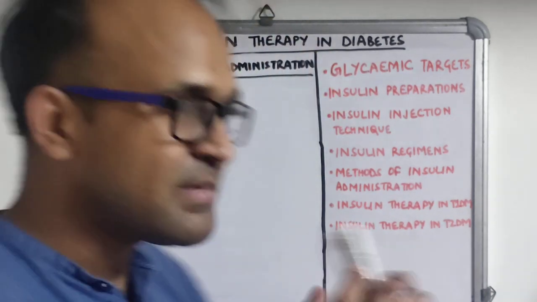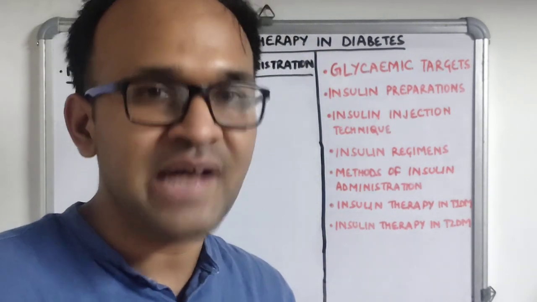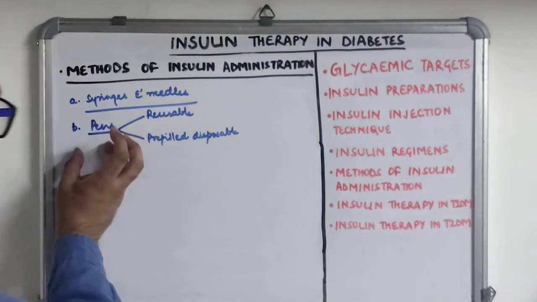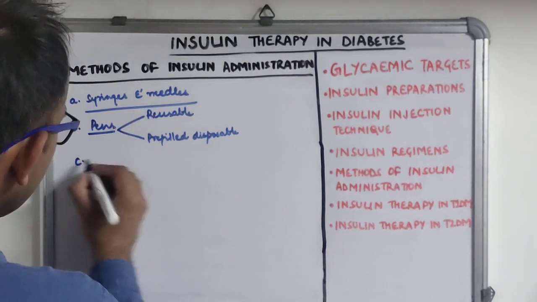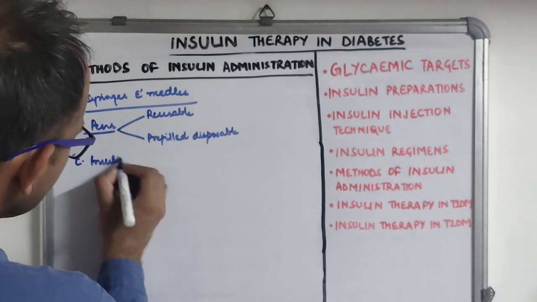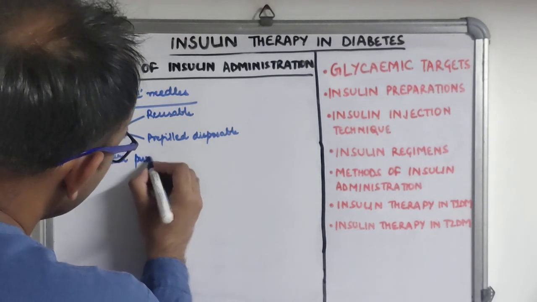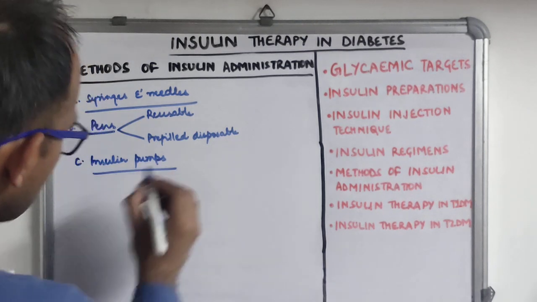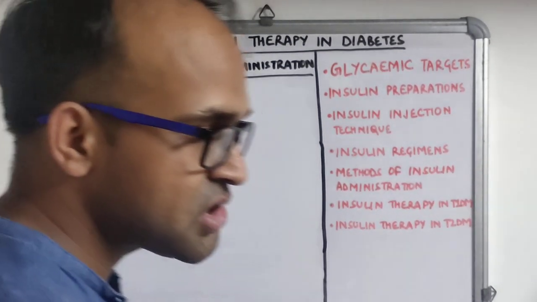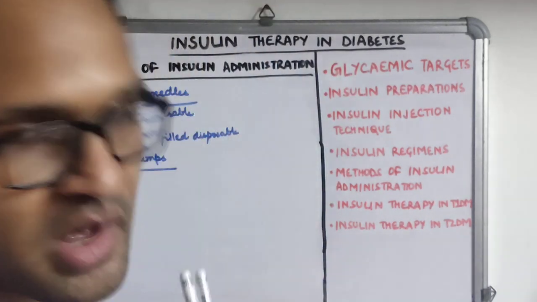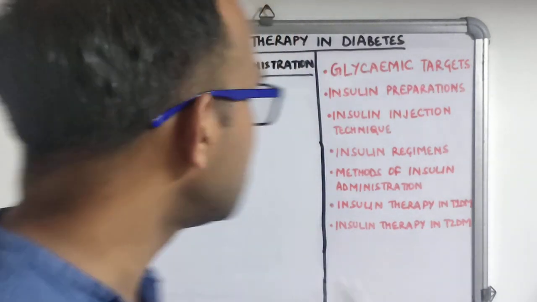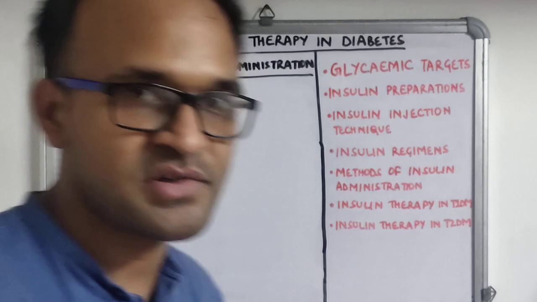And if it is visibly deformed, discard the needle. About the pens, we have reusable and pre-filled disposable pens. The third technique is insulin pumps, which deliver continuous subcutaneous insulin infusion. They are also available, but they are very costly. So these are the methods of insulin administration.